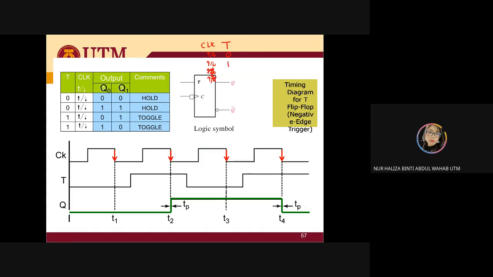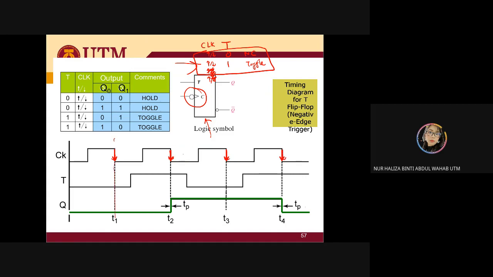If it is 0, no change. If it's 1, it's going to be toggle. So this is the table that you need to remember for the T. So referring to this table, let's get the output. Here is our negative clock. That's why we look at this point only.